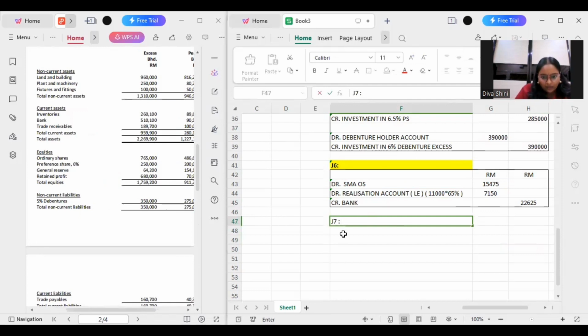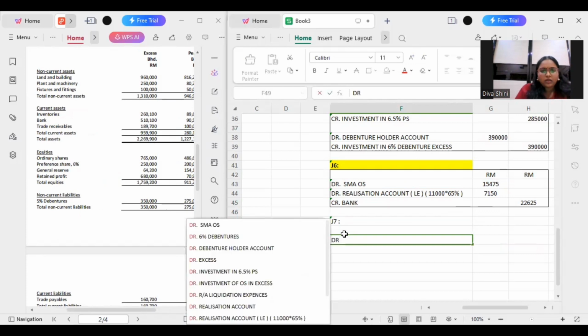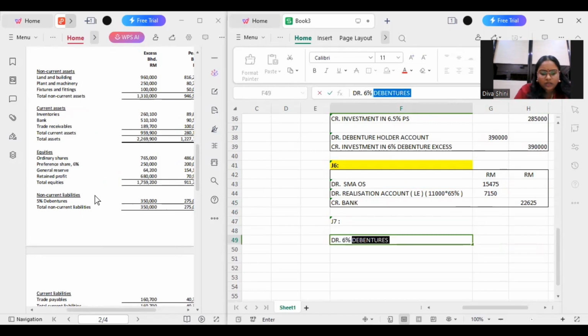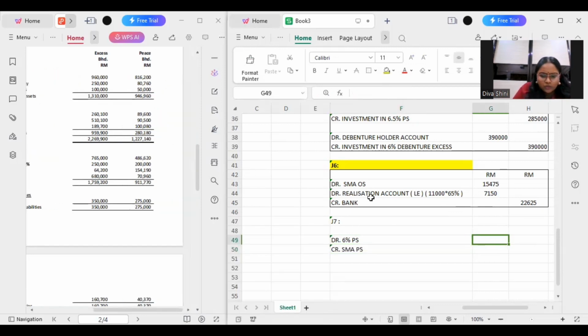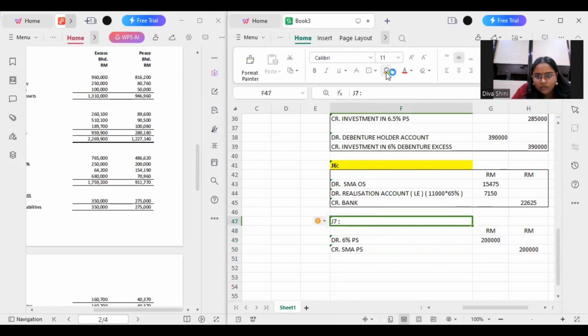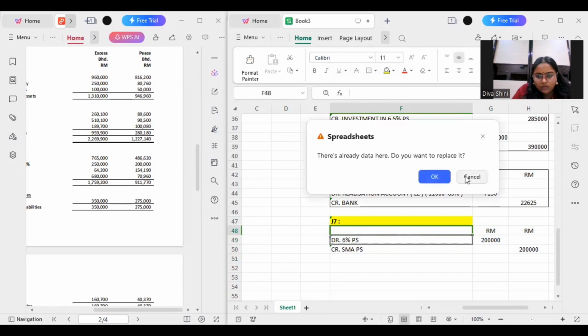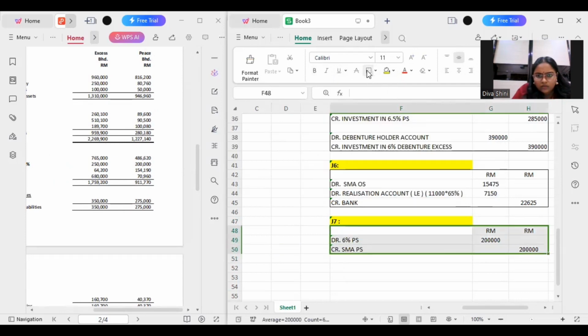So for journal 7, I'll do the preference share, which the question says is 6% preference share, and the credit is SME PS. So the amount is 200,000.